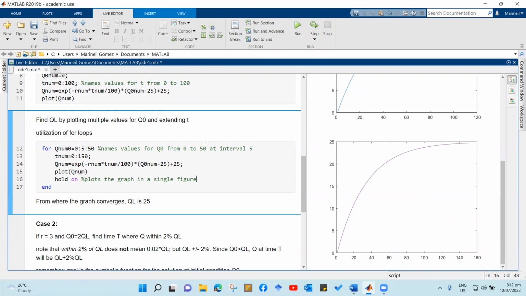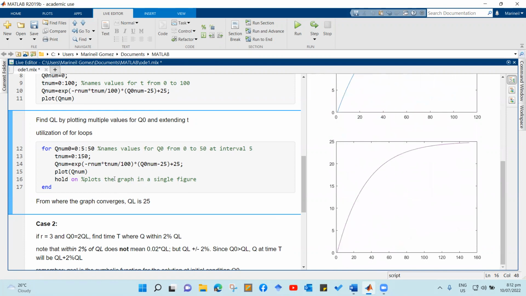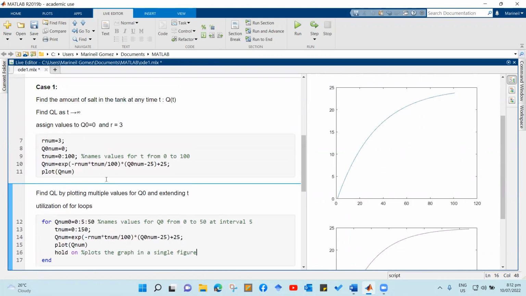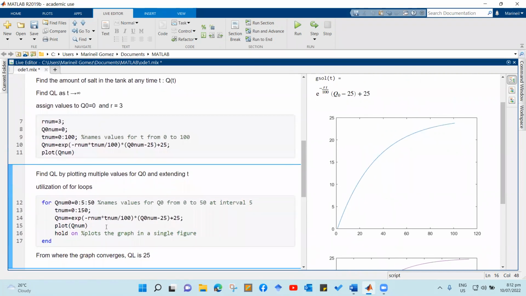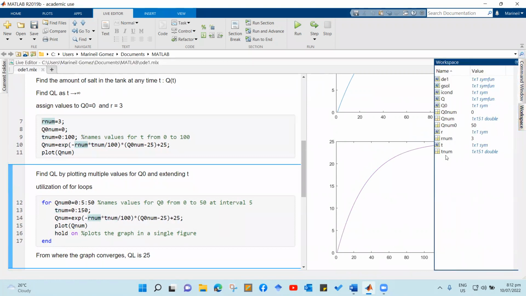Okay, it's not working. Let's see. R num of T num from 0 to 100. So let's see.